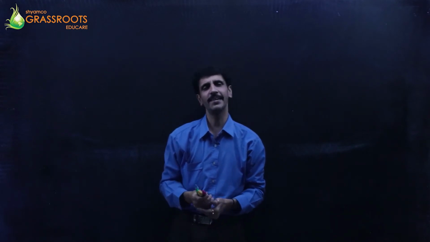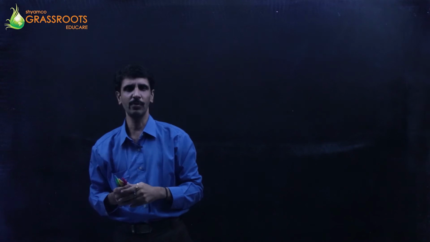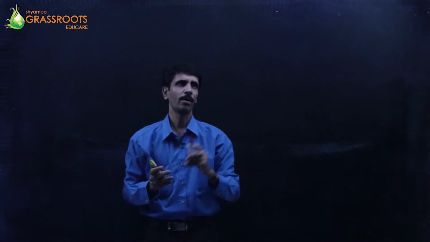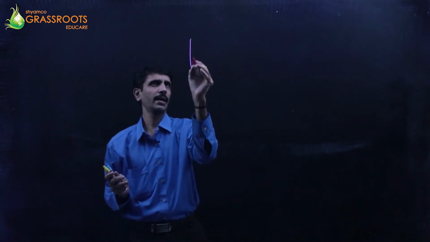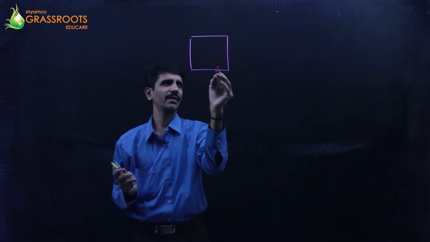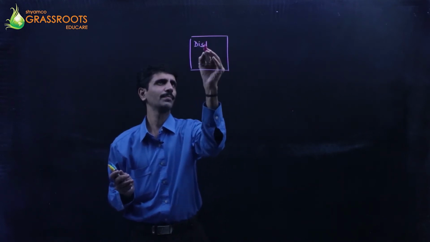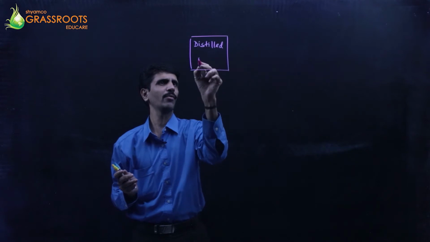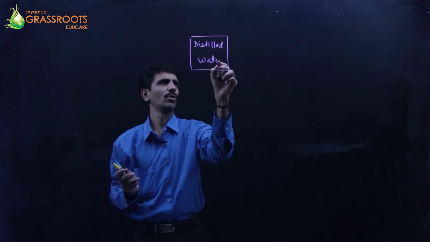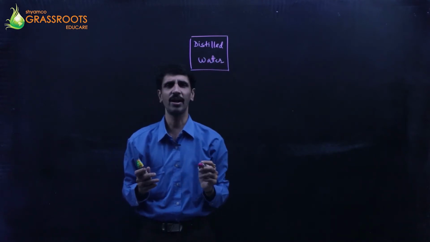Now what we do is, let's do an activity. In the activity, I give you distilled water in the first beaker. Distilled water is pure water which is neither acidic nor basic.